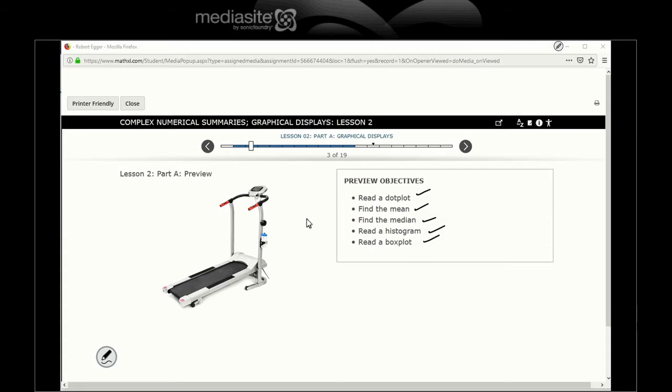With reading, we're really referring to interpreting. And with find, basically calculate the number.